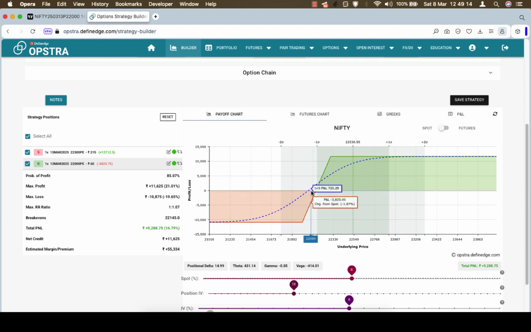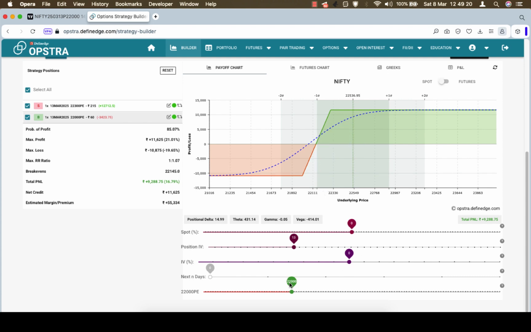Now, here is the payoff. Below 22,100, when the market starts declining, you will make some losses, but your loss size will not be more than 1.2 to 1.5%.